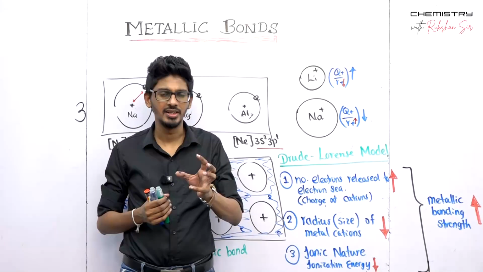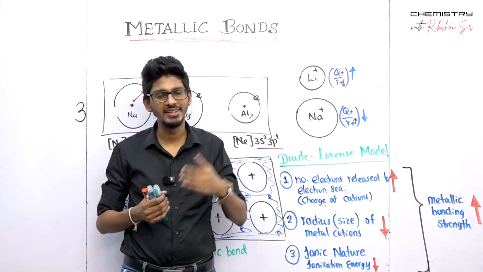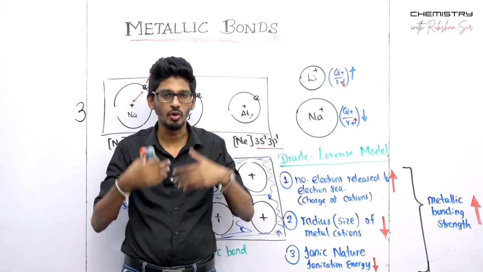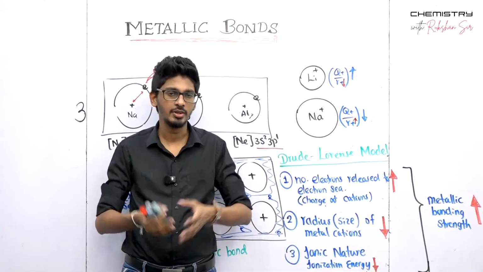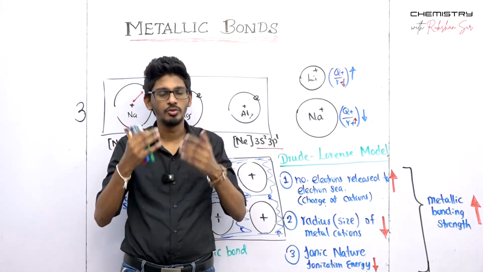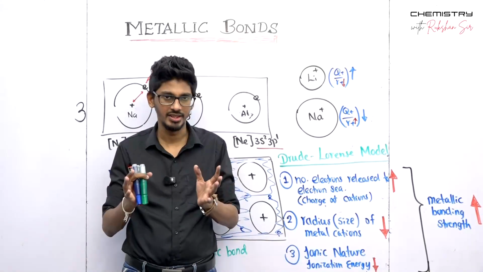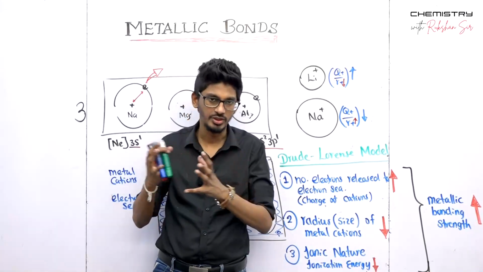The group one atoms always release their outermost one electron to the electron sea. Group 2 metals release both of their 2 electrons to the electron sea. No worries there.